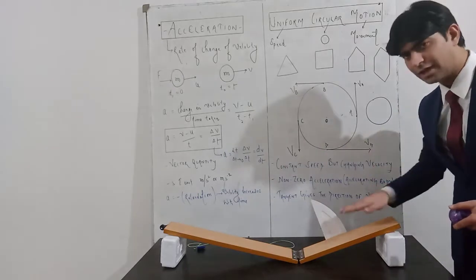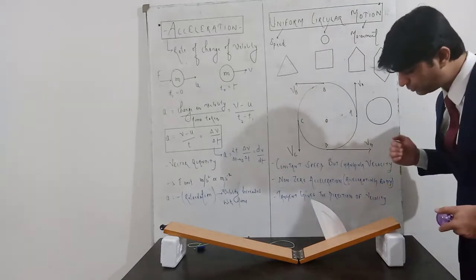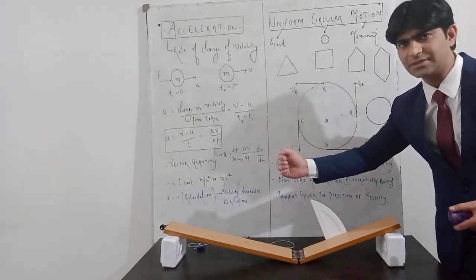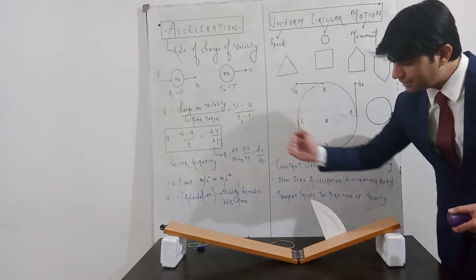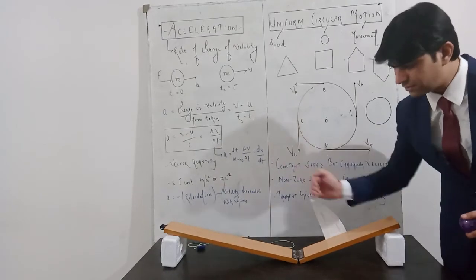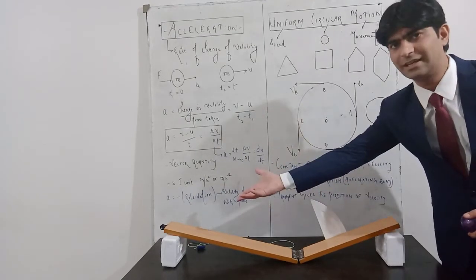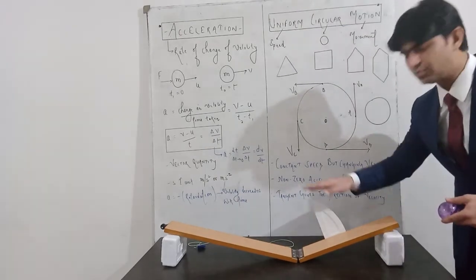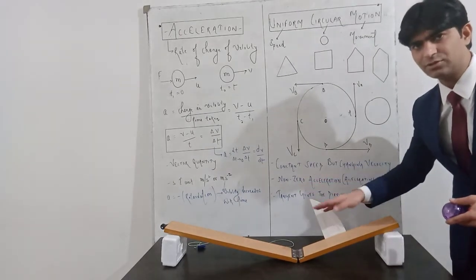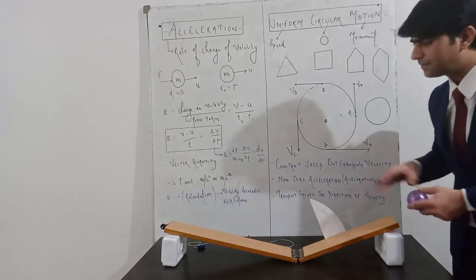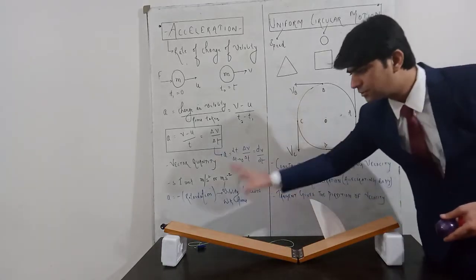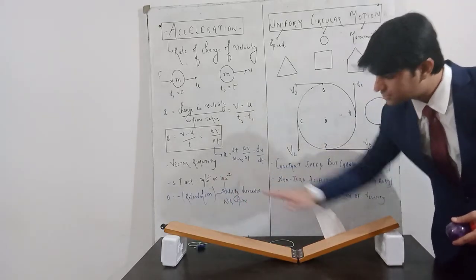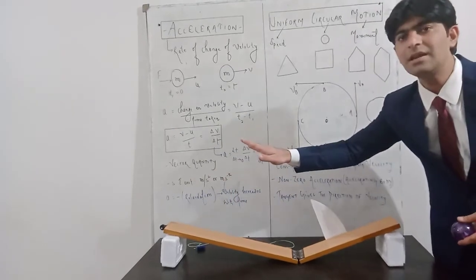In this, the angle of inclination has increased, so the ball will move a little fast as compared to the previous case, and the ball will climb up, and again the decrease in velocity takes place in the second inclination. So on this side, when I am rolling down the ball, the velocity will increase. We have seen in the first demonstration that the ball stops at a certain point in that inclination. That means as soon as the ball climbs up, the velocity will decrease.